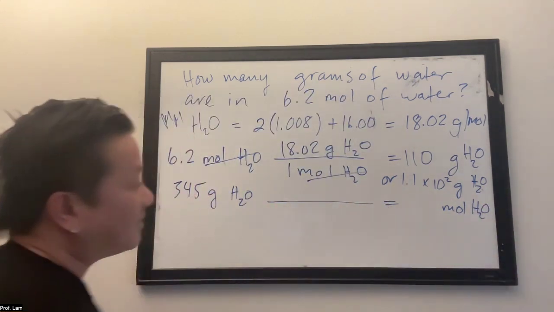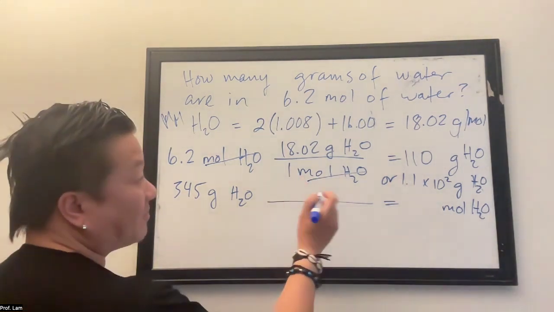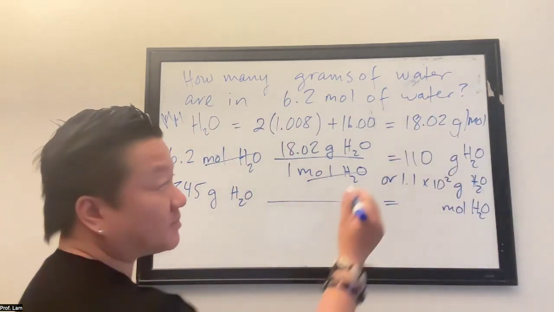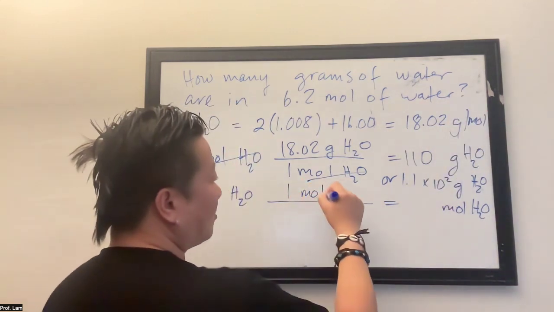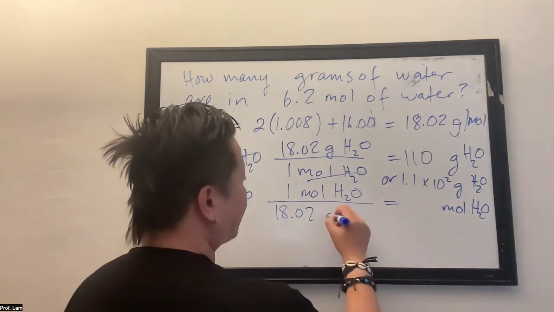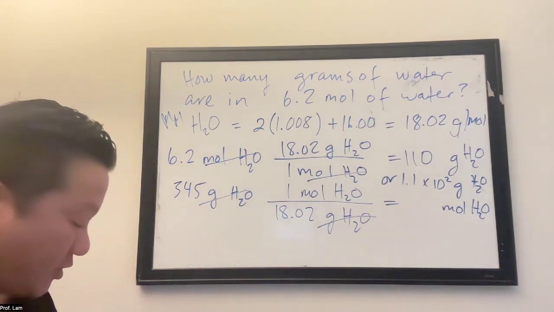So now our conversion factor, as you can see, we want mole on top. So that molar mass right there, the mole needs to be on top. So what's the number associated with mole? Just 1. So 1 mole of water on top. And then the other side is the 18.02 grams of water. That needs to be on bottom because you want grams of water to cancel.